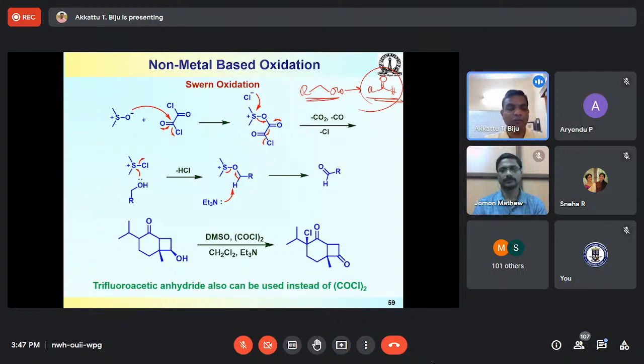But these metal-free oxidation reactions are very, very selective. It will simply stop at the aldehyde. It will not proceed mechanistically to further oxidation.